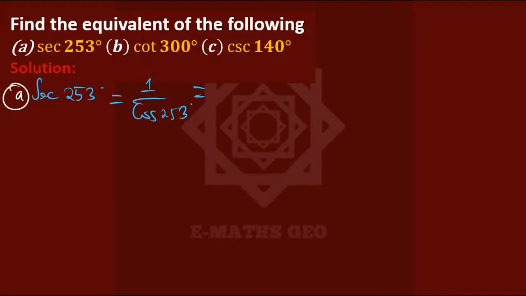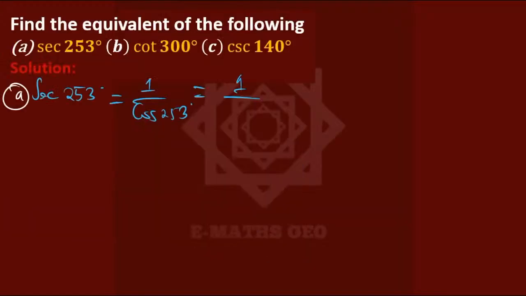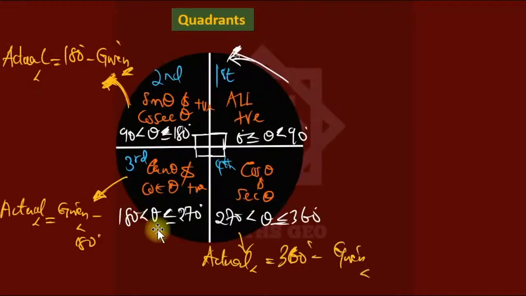253 is in which quadrant? From the range, it is in the third quadrant. And in the third quadrant, you do the given angle, which is 253 minus 180. Also, which trig functions are positive?